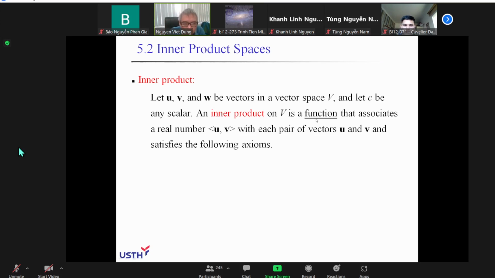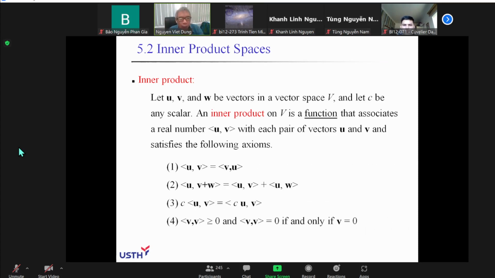The function needs to satisfy the following axioms. We require 4 axioms. The first one is commutativity. The second one is distributivity. The third one is some kind of associativity. And the fourth is what we call positive definiteness.